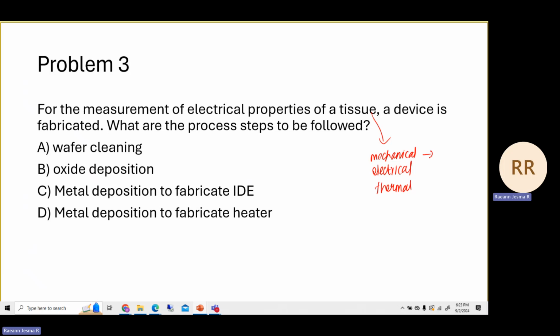In mechanical, we'll measure the stiffness. In electrical, we measure the conductivity. In thermal, we measure the thermal conductivity. In electrical, we can also measure the conductivity or impedance.